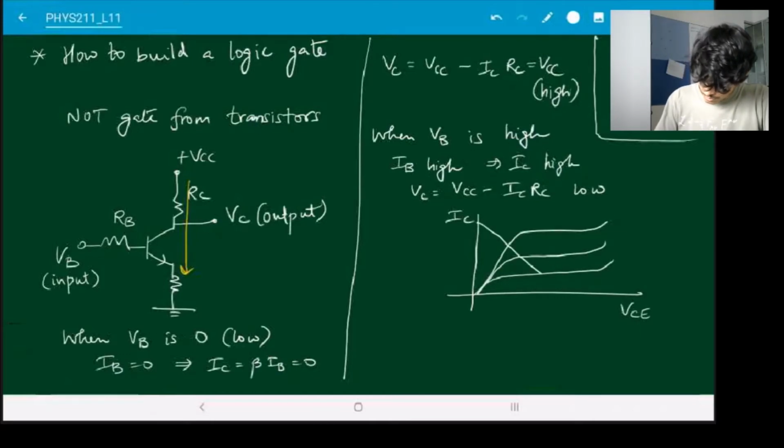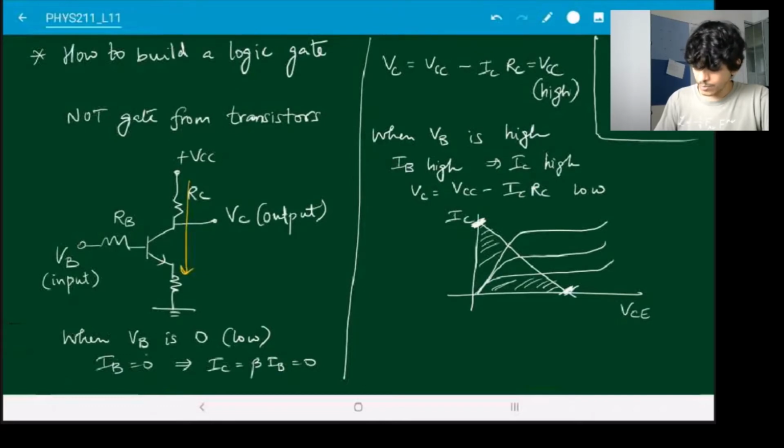And if this was the load line, then we used to call this the saturation region, and this was the cutoff region. So when IC is 0, this is the cutoff region, you are over here. And when IC has a large value and VCE is 0, then you are over here, the saturation region. So that is what is happening.